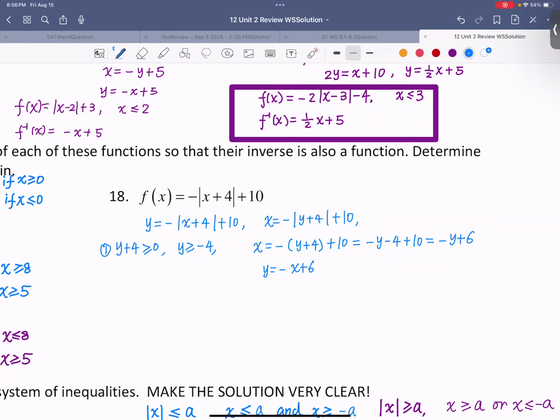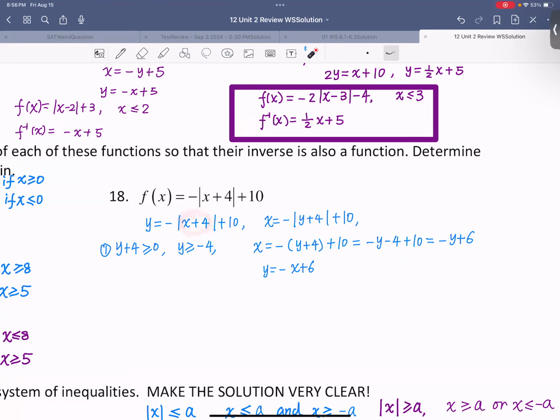And you cannot directly write down this inverse yet. You have to put the restriction. This guy's y is this guy's x. Okay? This guy's y is this guy's x. Do you agree? You switch y and x here, right? So this guy, y plus 4 greater than 0, means the original guy x plus 4 is greater than 0, right?